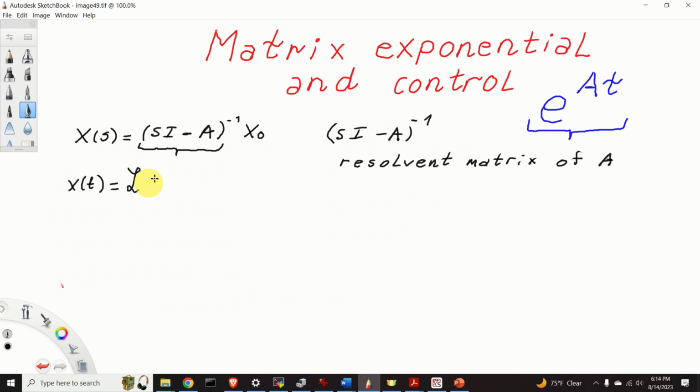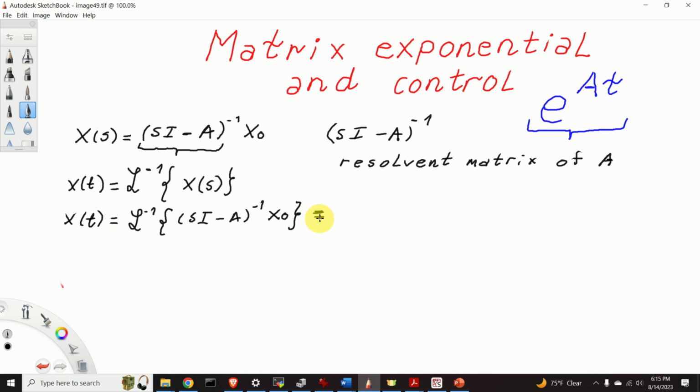Consequently, we will type x of time is the inverse Laplace transform of x of s, and x of t is then equal to inverse Laplace transform of the right-hand side. Here's our resolvent matrix, and here's our initial condition vector. Since the inverse Laplace transform is a linear operator, we have the following expression.